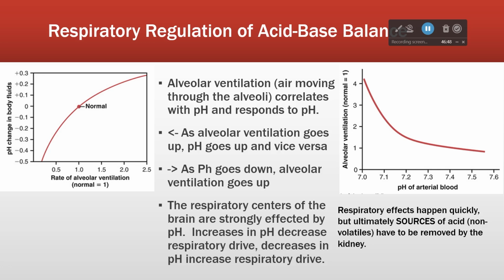Why? Because by breathing faster, we get rid of more hydrogen ions. We pull that equation more to the left. So on this side, cause, as alveolar ventilation goes up, effect, pH goes up. On this side, cause, as pH goes down, effect, alveolar ventilation goes up. So, cause and effect.